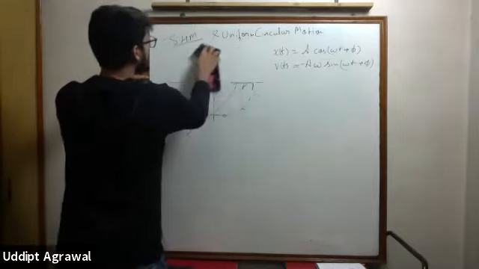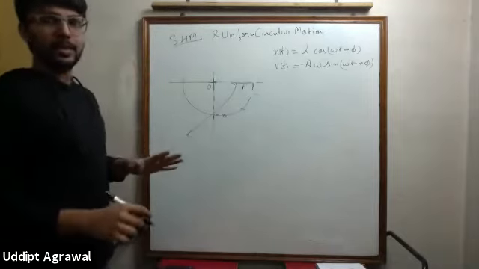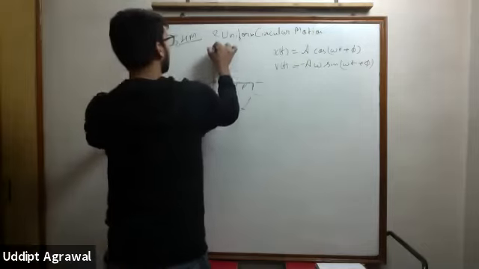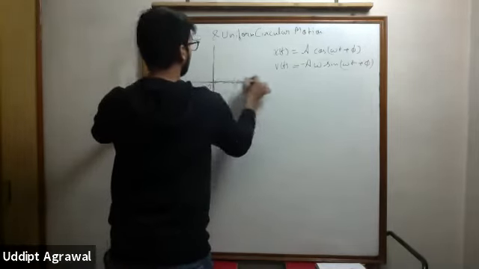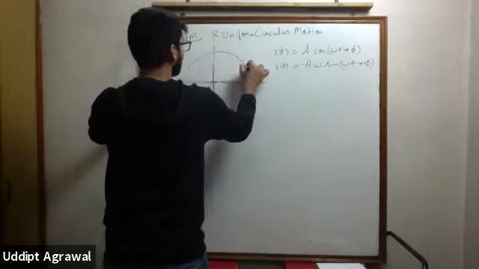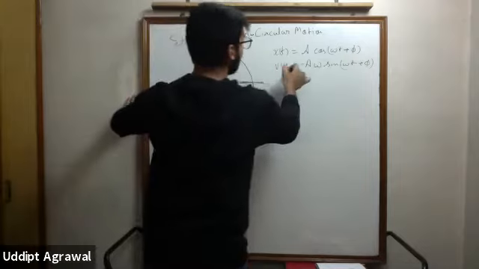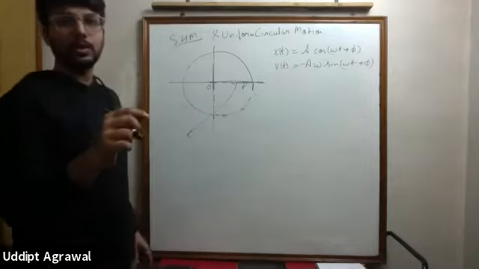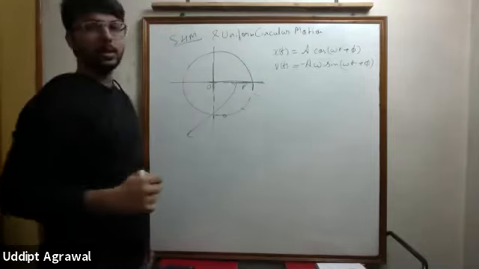See, again, all of them might seem like maths, but at the core of it, we are applying the principles of physics. The calculation is the maths, but the core is physics. Because how did we get this? When we understood that velocity is tangential, it's tangent to the circle.